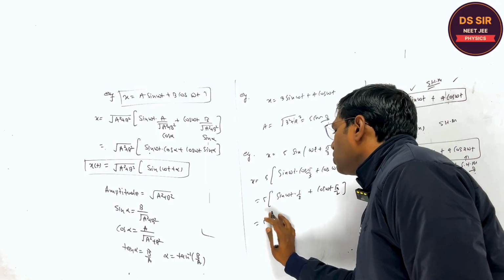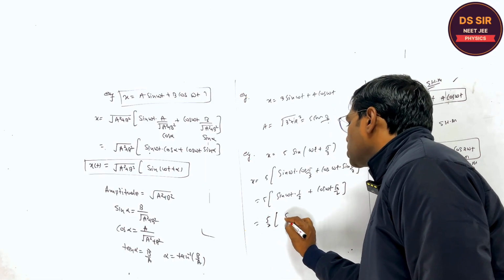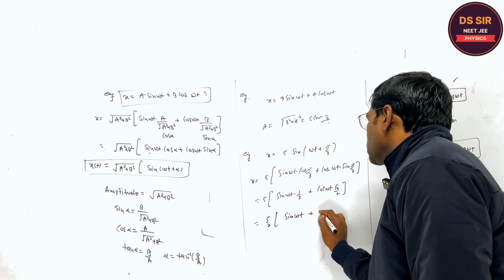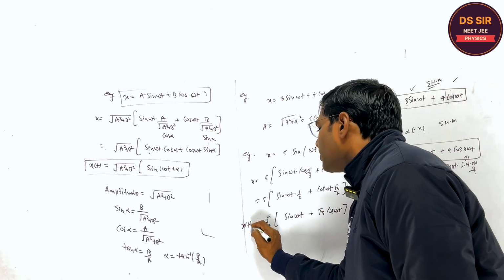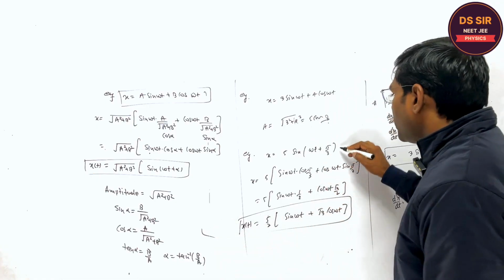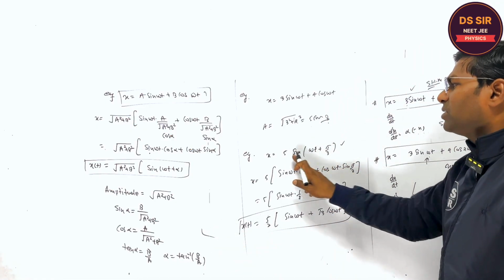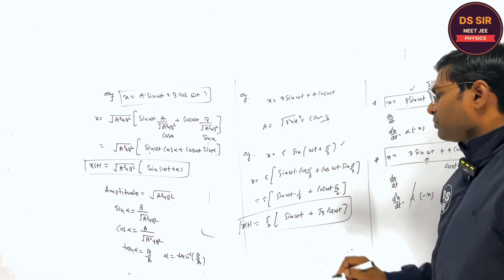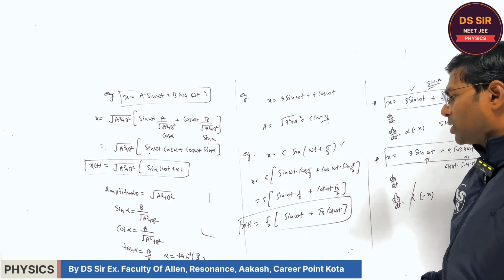So it is 5 by 2 into sin omega t plus root 3 cos omega t. Are you getting or not? So this is the reverse process. If it was the SHM equation, you know very well, with initial phase pi by 3 and amplitude 5. Instead of this, they will give you like this, just opposite.